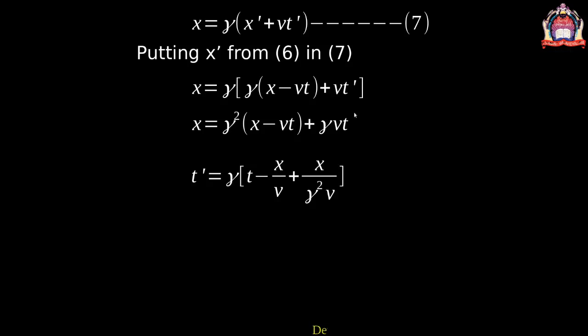Then we get t dash. Simplifying it, t dash is equal to gamma into t minus x by v plus x by gamma square v.